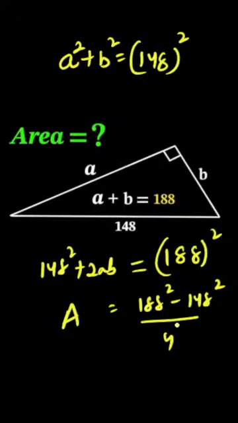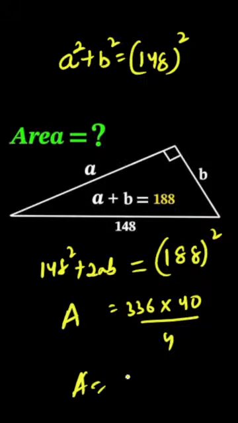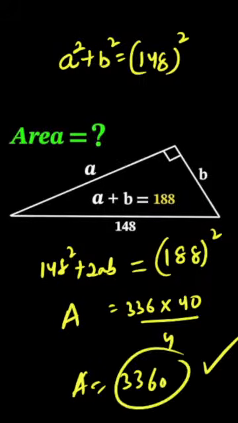Now simplify this. For this, you need not do the square of 188 or the square of 148. You can use the identity a square minus b square, which is a plus b times a minus b. On a plus b, you will get 336. And on a minus b, that is on subtraction, you will get 40. Now on simplification, your answer is going to be 3360. I hope it is clear.